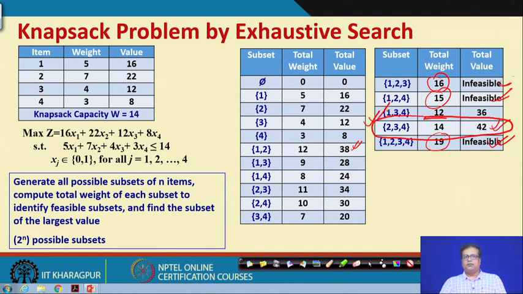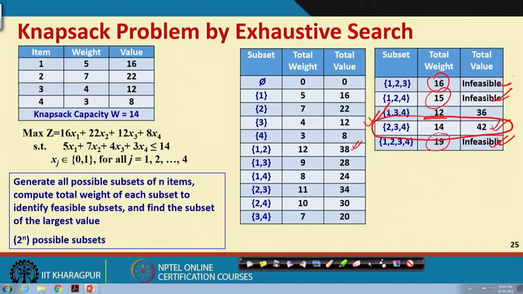So, by exhaustive search we can solve the knapsack problem, but for only 4 items we had 2 to the power 4 different searches. Think of 10, then it will be 2 to the power 10, 20 items 2 to the power 20.